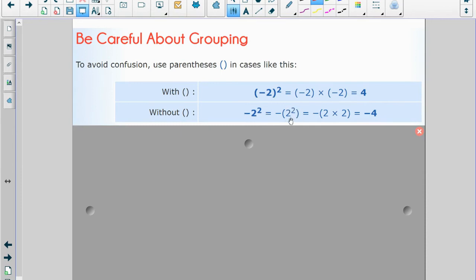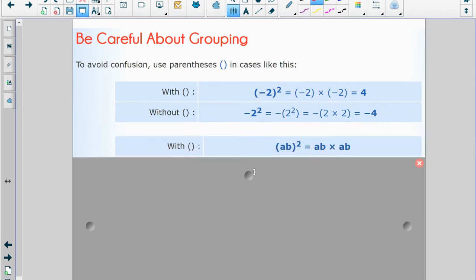So we actually evaluate the 2 squared first, which is just 2 times 2, and we keep that negative sign in the front, making our answer -4. So (-2) squared with parentheses equals positive 4, and -2 squared without parentheses equals -4. So something to watch out for.